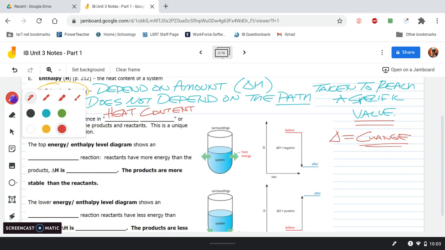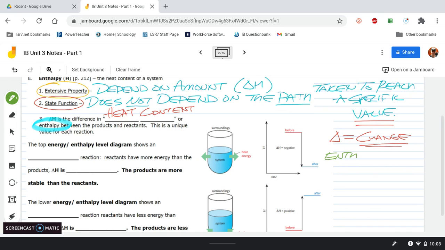And then here's another vocabulary term that we need to look at: enthalpy. Not a very good looking highlighter, so use this one. With these IB vocabulary pieces, you do not want to get confused with the terms. Enthalpy is used also with delta H, and these are going to be solved the same exact way.